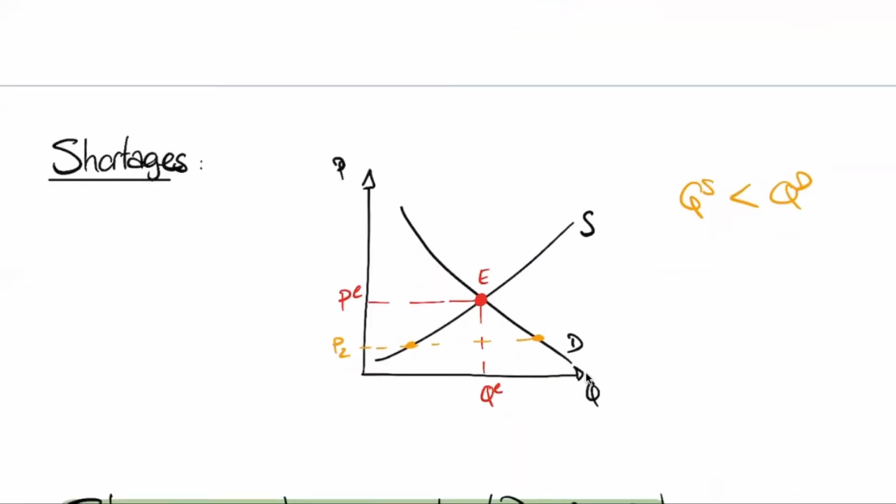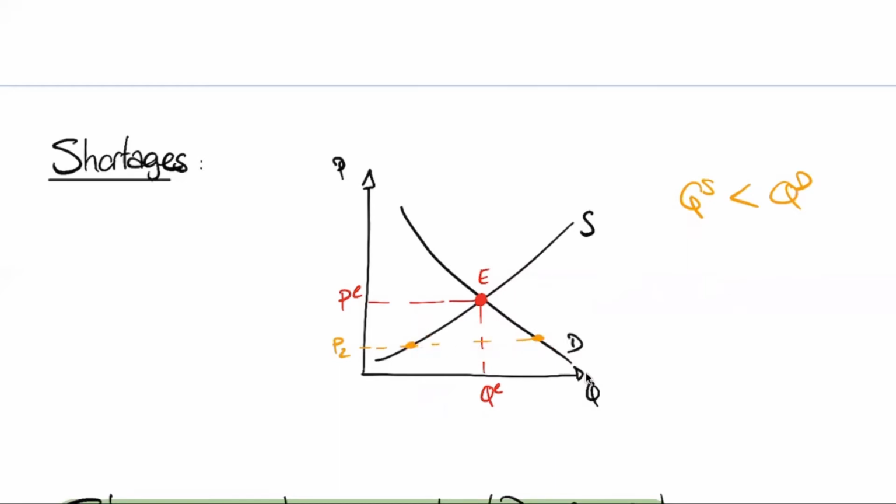We also talked about shortages, which happen when the price charged is lower than the equilibrium price. In that case, the quantity supplied is lower than the quantity demanded, so there is too much quantity demanded. This is the shortage, and it's equal to the difference between these two quantities.